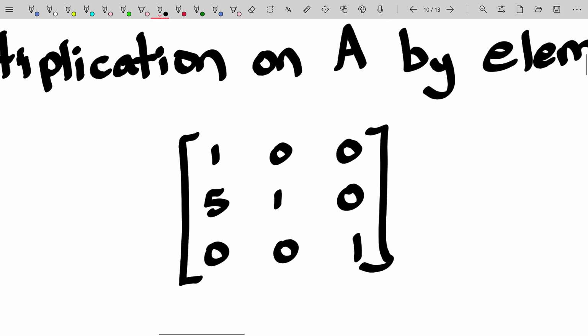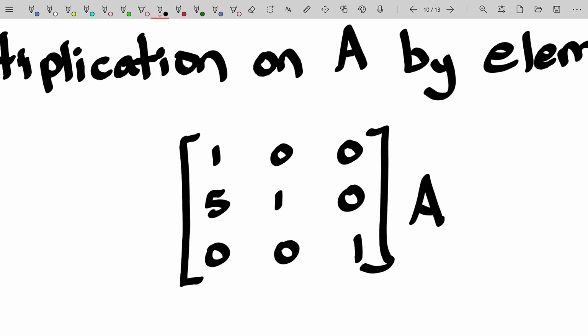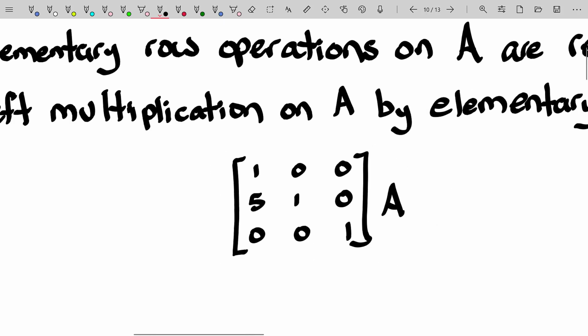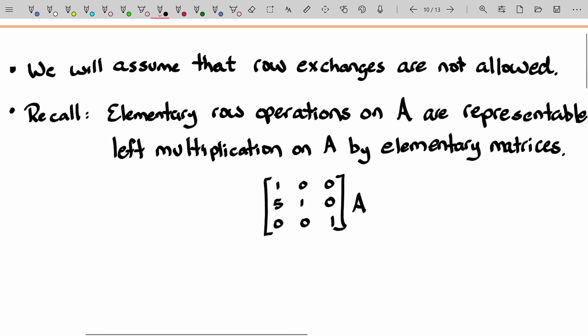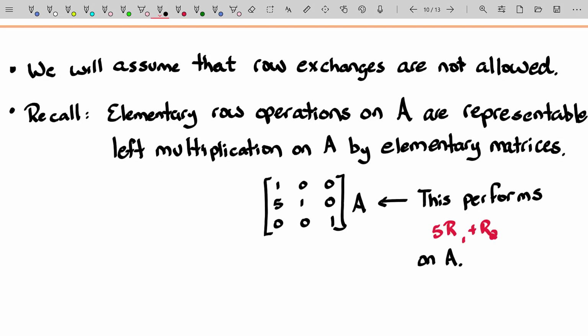And if I multiplied A by this on the left, that elementary matrix would actually apply that row operation to A. And at the time when we learned that in the video on elementary matrices, I mentioned that that was going to be a bigger topic later on. It was worthwhile to learn at that point, but now we're really going to use that theory here. And I went ahead and wrote out what that elementary matrix does to the matrix A. And again, this is only through left side multiplication.